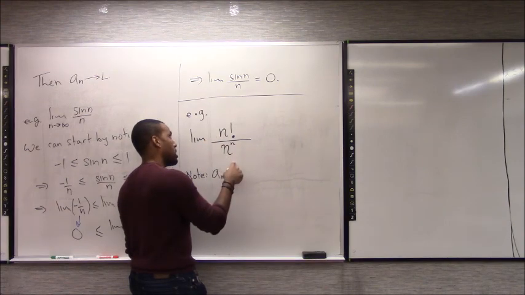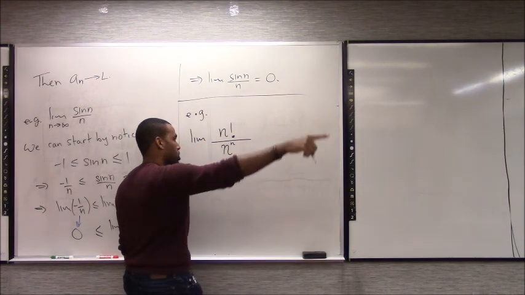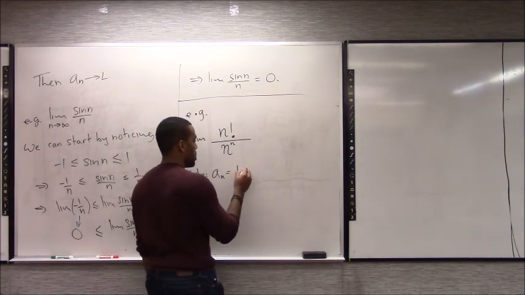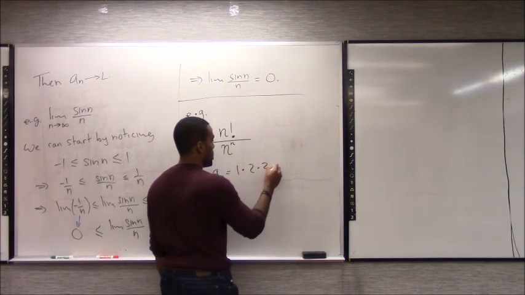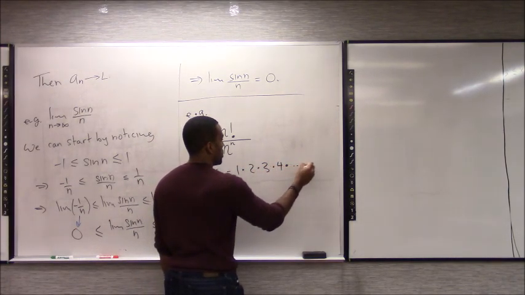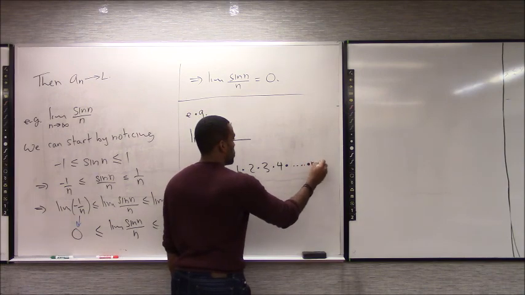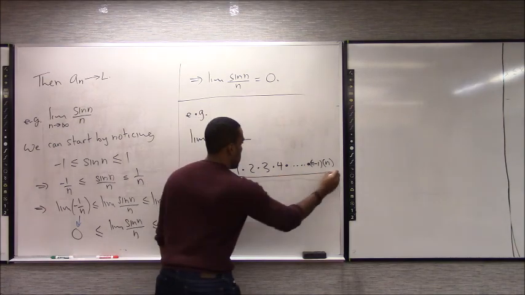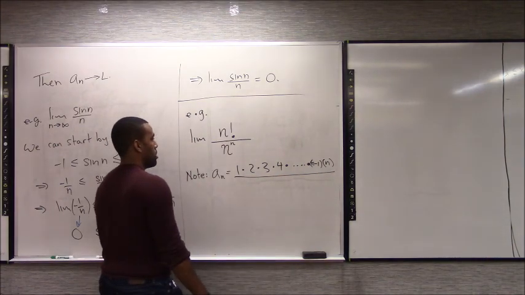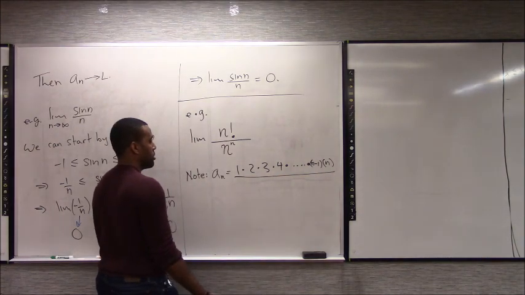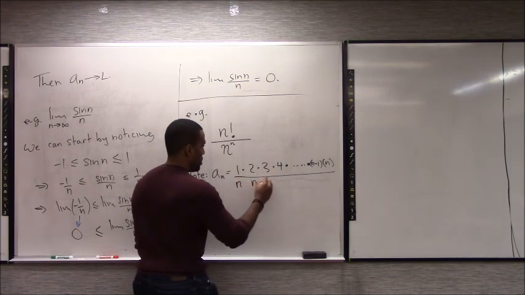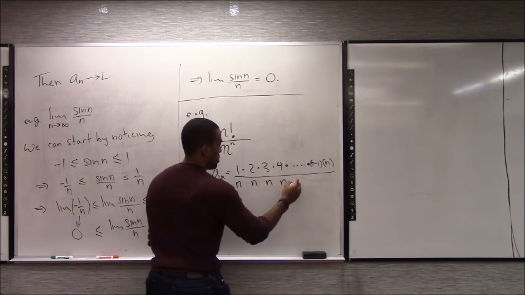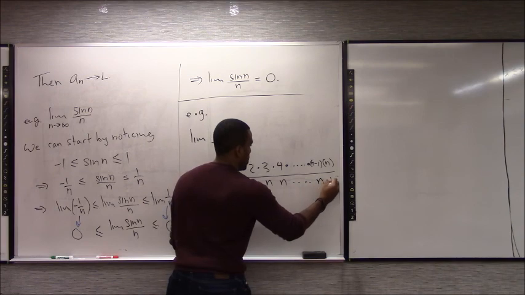Right, so you would start at the number 1, you multiply all integers counting up to n, so this would be 1 times 2 times 3 times 4 times, going all the way up to n minus 1 times n. And in the bottom, we would have n times n times n times n times n times n times n.